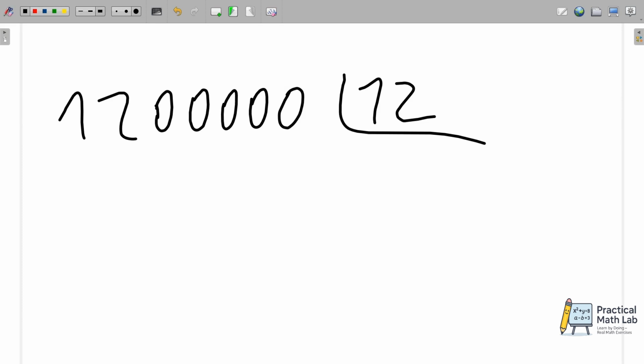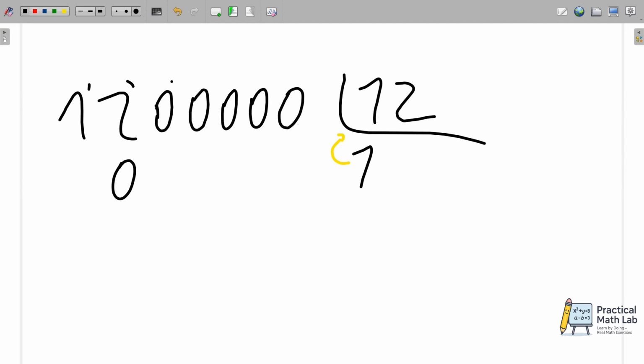Now let's do the division. Can 1 be divided by 12? No. 12 divided by 12 is 1. 1 times 12 is 12. 12 minus 12 is 0. Now, do you need to keep bringing down 0 after 0 to divide by 12?